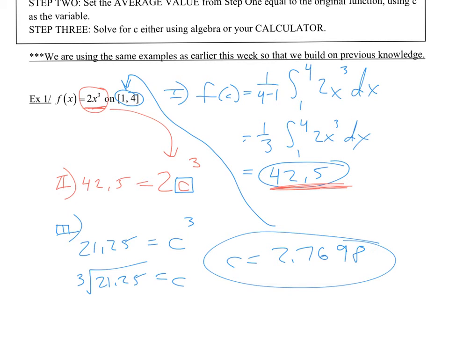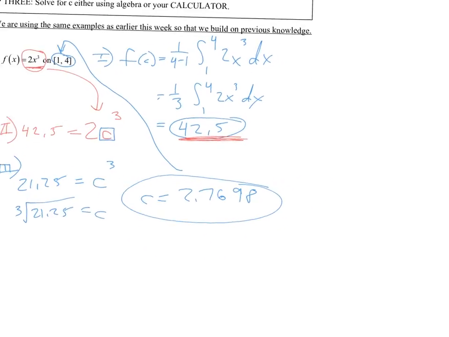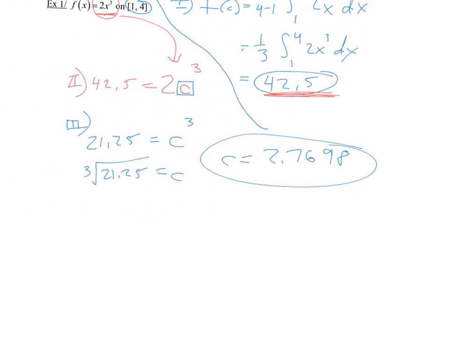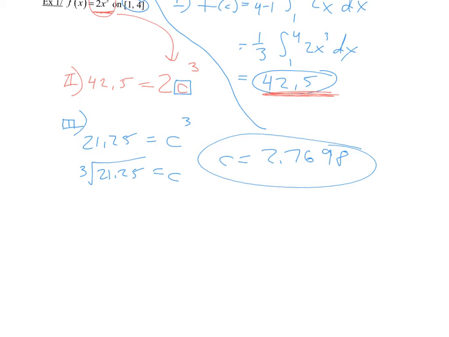There are alternative ways of solving this. I'm going to show you in the calculator video how to solve this using a calculator. So let me tell you how you would solve this using a calculator. We're trying to figure out where 42.5 equals 2c to the third power. You could do this one of two ways.